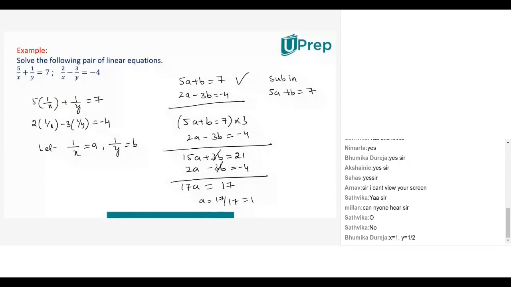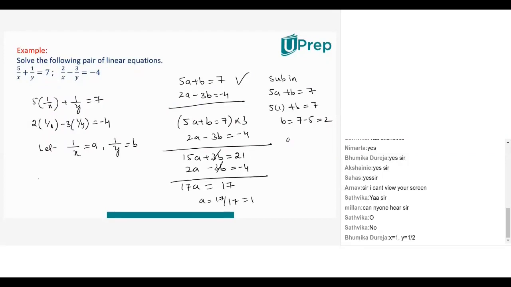Substituting a equal to 1, that is 5 into 1 plus b equal to 7. So b is nothing but 7 minus 5, which is equal to 2. So that's how we get a as 1 and b as 2.